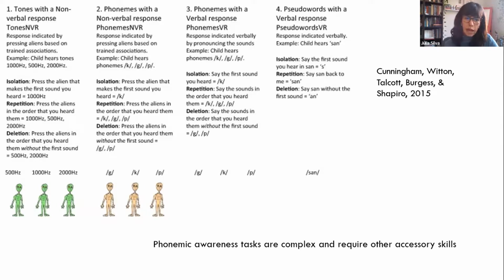So I brought this image from this Cunningham paper that says that it's very hard to find a true phonemic awareness test, because we can classify phonological processing tests according to various features, such as whether it requires a verbal response, the kind of information that needs to be manipulated, and especially in the case of the phonemic awareness test that Malu was using, of course, there is a huge load of working memory.